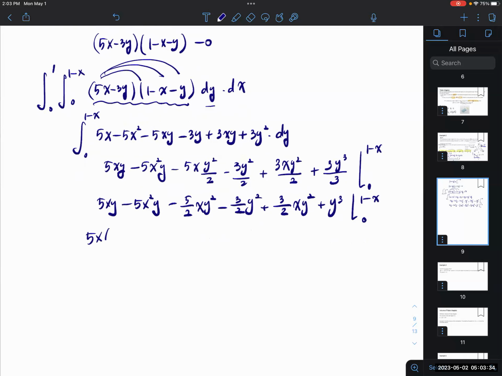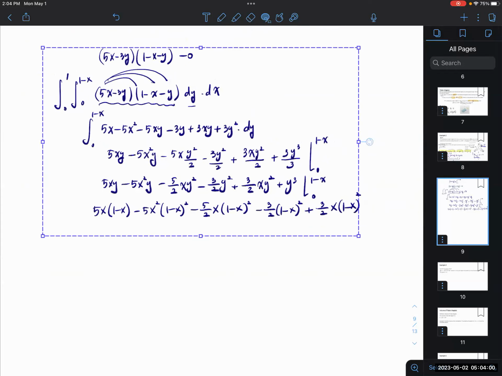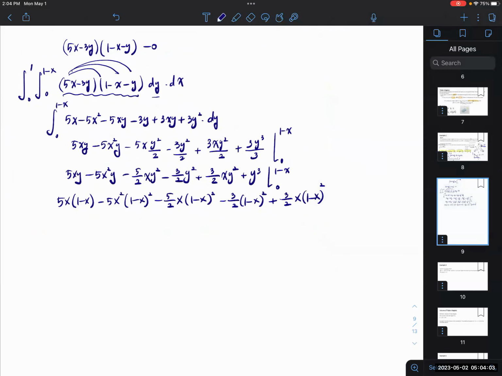It's going to be a lot of work. 5x squared times 1 minus x squared, 5 over 2 x times 1 minus x squared, 3 over 2 times 1 minus x squared, 3 over 2 x times 1 minus x squared, and last, plus 1 minus x to the third. Woohoo! Okay, we got it. And then 0 is subtracting 0.